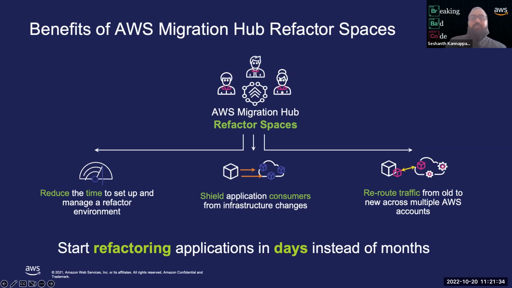So the idea here is that you extract the microservices with vFunction and then use Migration Hub Refactor Spaces to iteratively reroute traffic from your monolith to the microservice. We also help with simplifying management of the existing applications and microservices. We give you that single pane of glass view with Migration Hub Refactor Spaces, and we help with the orchestration here as well. In terms of orchestration, next slide, please.